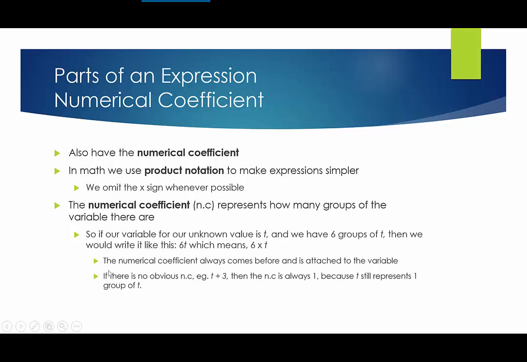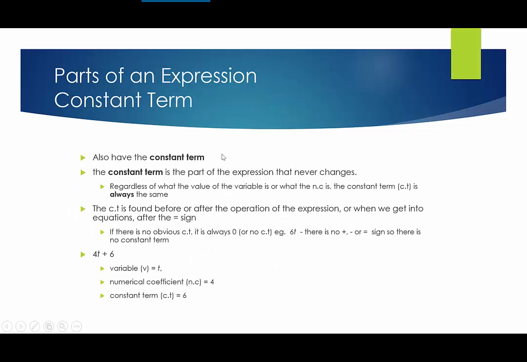So if you have t plus 3, then the numerical coefficient is always 1, because this t right here represents one group of t, and so the numerical coefficient would be 1. Which is different than if you have no constant term, which we will get to in just one second.